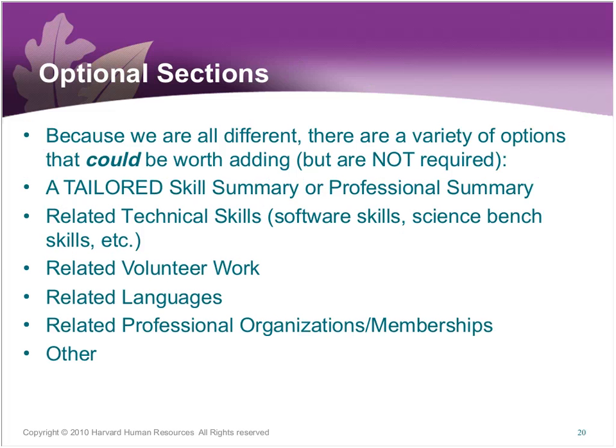So let's just go down the list very quickly. Tailored skill summary, related skills, technical skills, which could include software certification, that type of thing, volunteer work, languages, professional organizations, and your memberships, and possibly other things that come up that you may want to put on the resume.